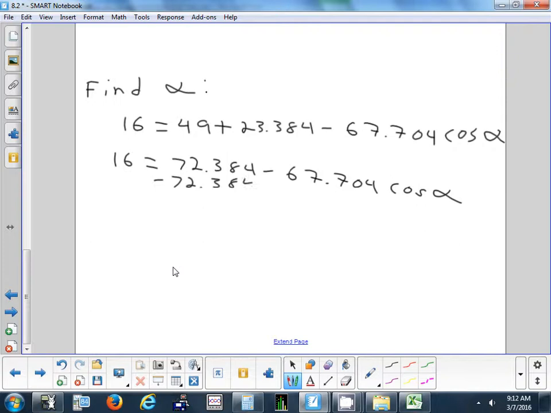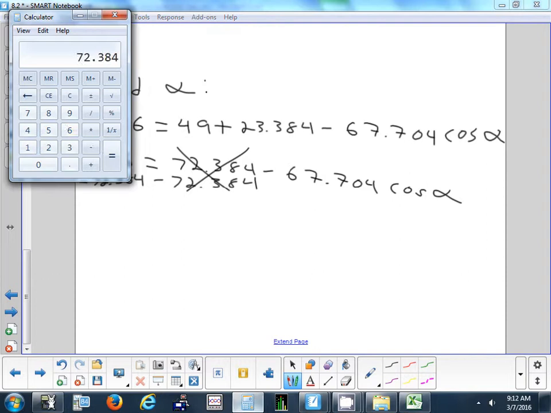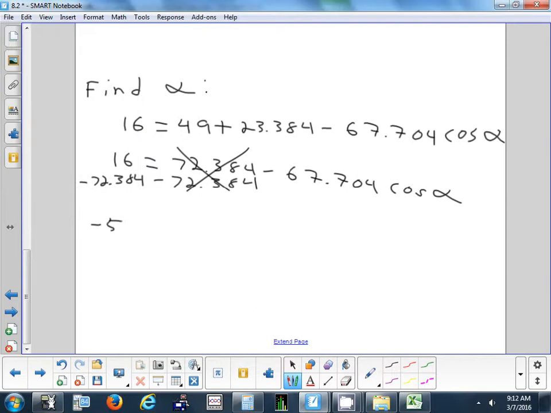Minus 72, minus 72. We got 16 minus 72.384, negative 56.384. And the rest of it is still there, negative 67 cosine alpha.